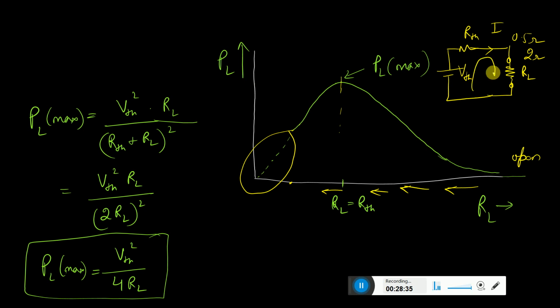The current flowing in the circuit will be very high and it will be dangerous for the RTH to sustain it. Right? If the current is very high, RTH may burn, the network may burn. Therefore, there is a limit. This is the limit value of the RL decrease. Therefore, it is a dotted line. So most of the time, you will not get this entire curve up to 0.